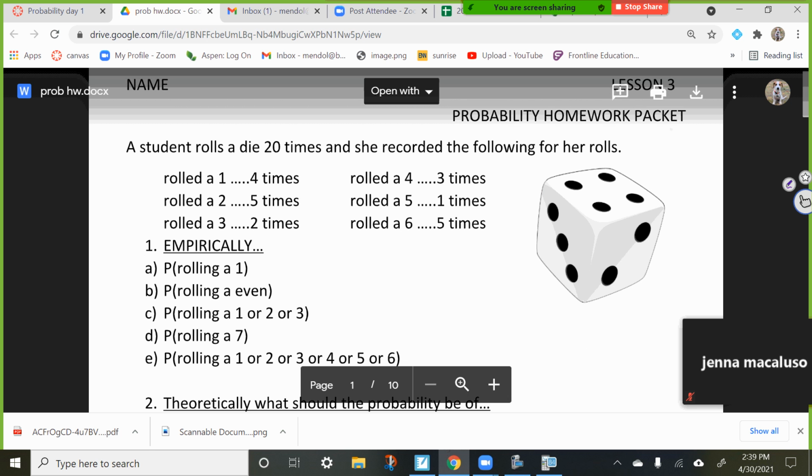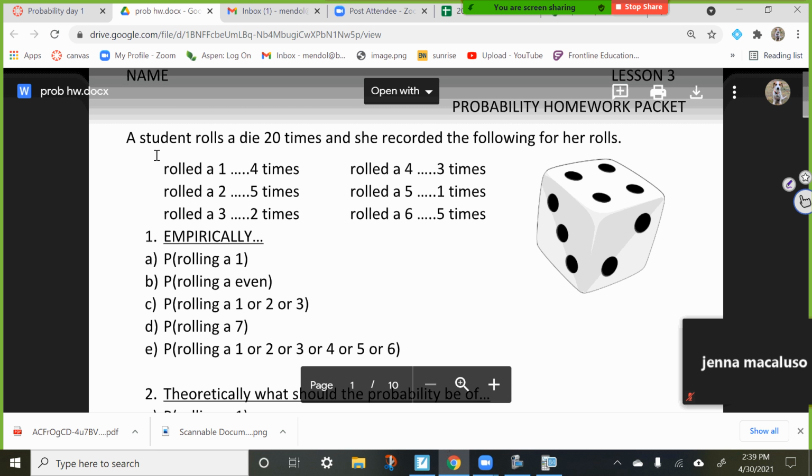First one, I'm giving you what happens when rolling a die, and empirically, you're going to figure out the probability. So these are 5 different problems, right? It's not like picking which letter. It's saying, okay, I rolled it 20 times. The probability of rolling a 1 would be 4 out of 20, or a fifth, right?